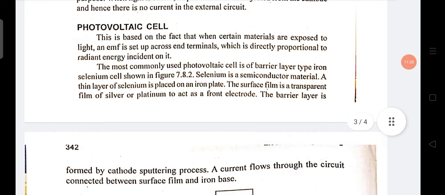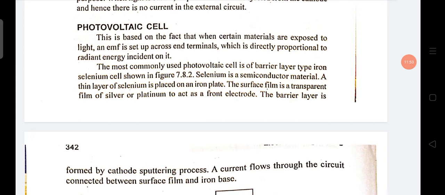Now let us see the photovoltaic cell. What is a photovoltaic cell? It is based on the fact that when certain materials are exposed to light, an EMF is set up across the end terminals, which is directly proportional to the radiation energy incident on it.